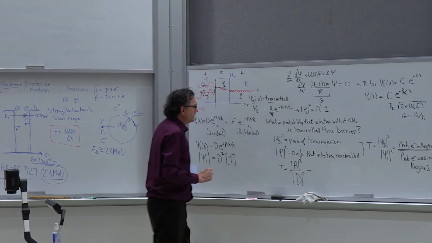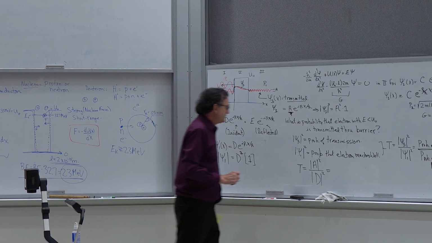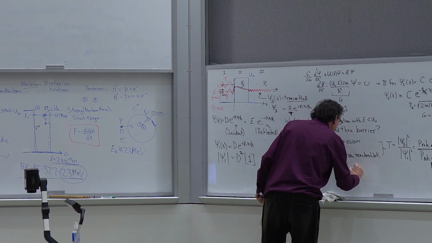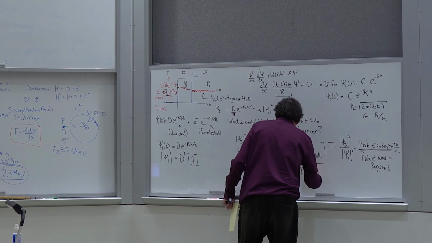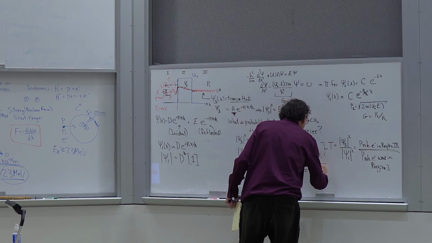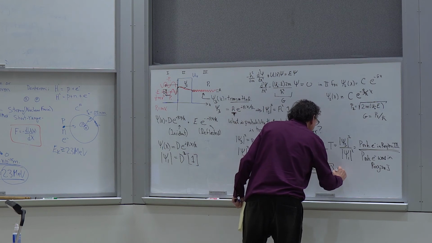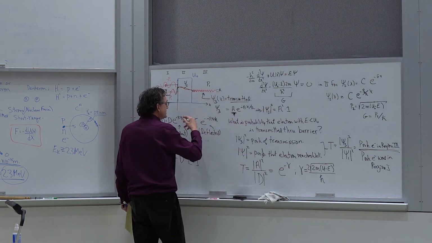Now, in the book, what they tell you is this has already been done, and the answer is e to the minus gamma, where gamma is equal to, I think, 2 times the square root of 2 mu minus e, divided by h bar, times the width of the barrier, which in their notation is w.